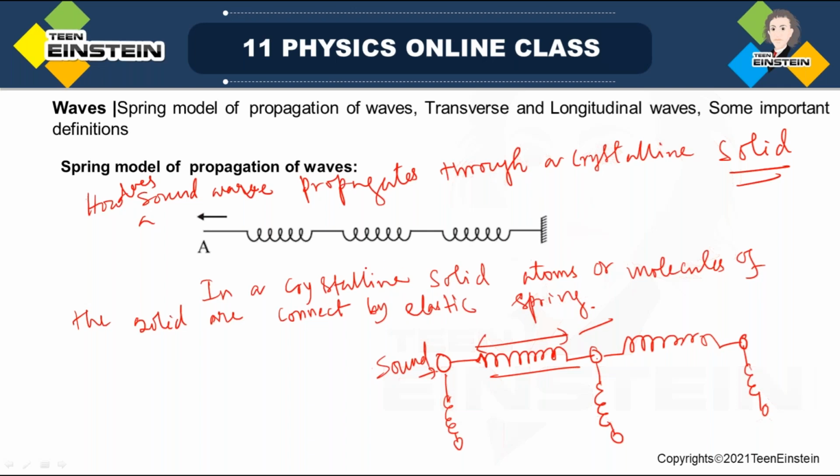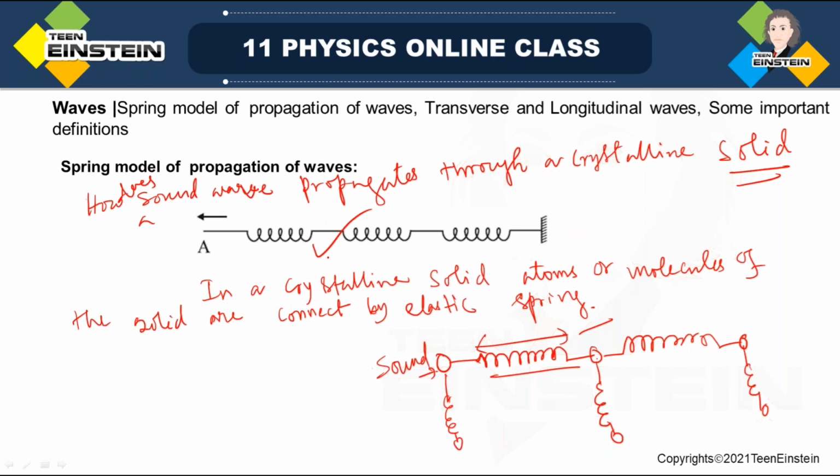Similarly, as you have seen in the spring model, each atom is at an equilibrium state initially. Now, if the sound or force is applied to the atoms, the atoms will be displaced from their equilibrium position, and thus a returning force will arise.